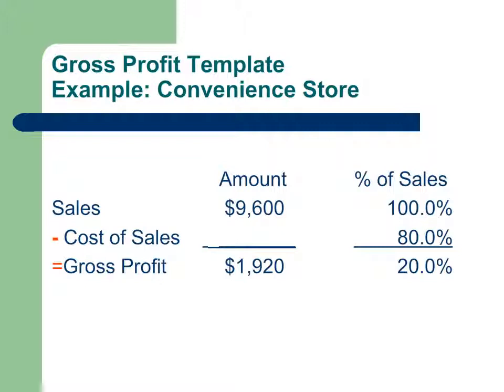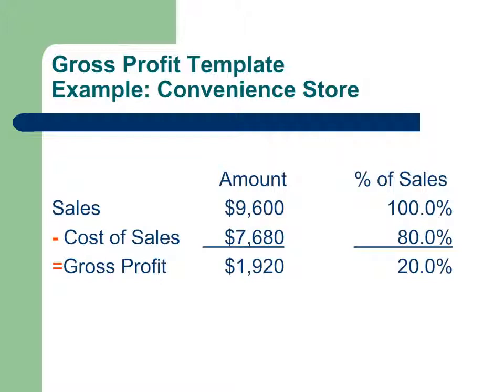Calculating the cost can be accomplished by subtracting the gross profit dollars from the sales amount or by multiplying the sales amount by the cost percentage. 9,600 minus 1,920 equals 7,680. And 9,600 times 0.8 or 80% equals 7,680. Either way, you'll get the same result.